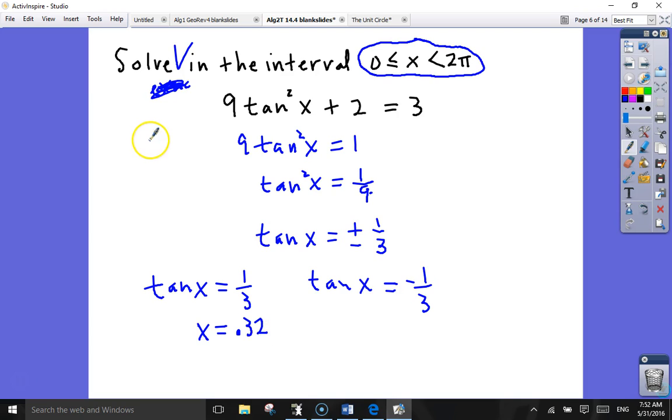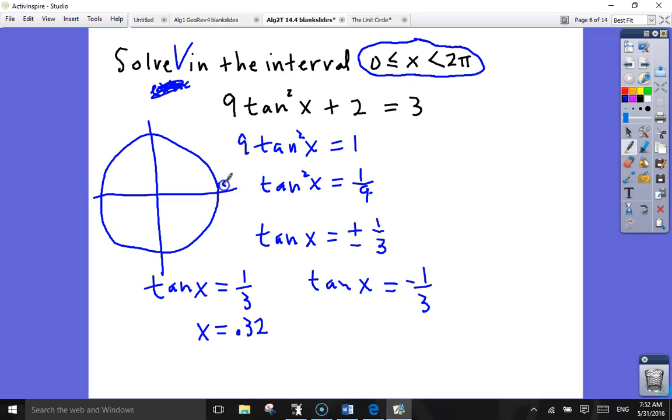So just looking at the unit circle, right? 0 is here, pi over 2 is here, pi is here, and 3 pi over 2 is there. Actually, the bottom one isn't negative pi over 2, it said in between 0 and 2 pi.